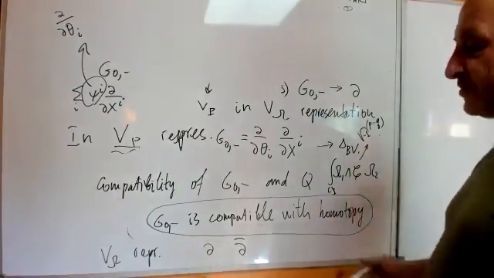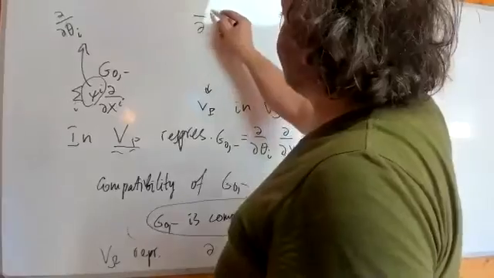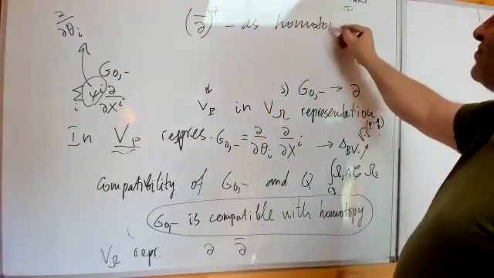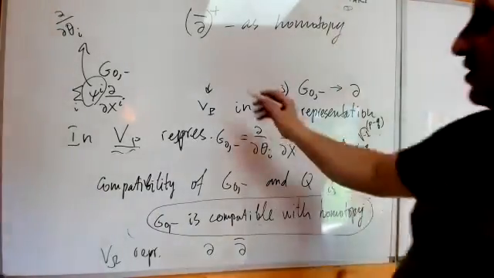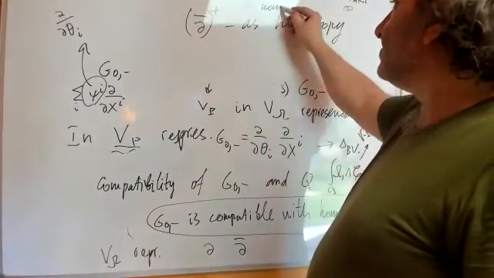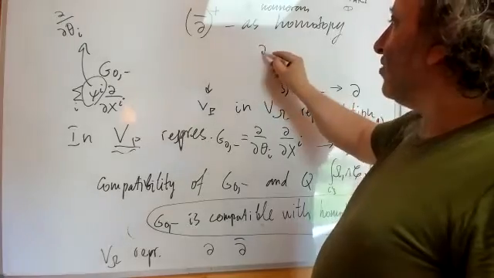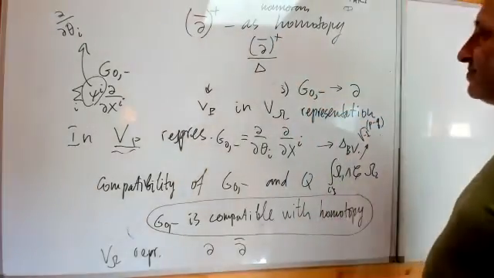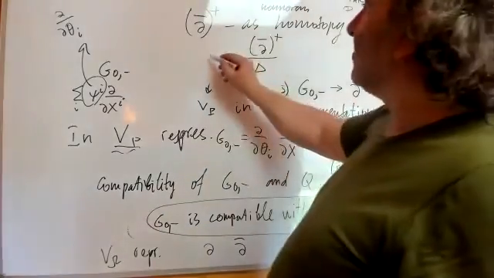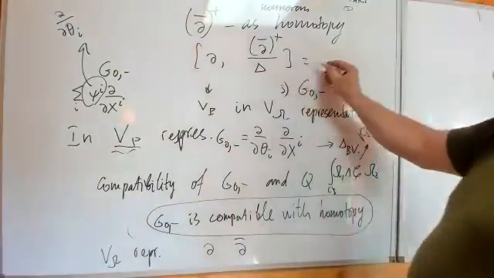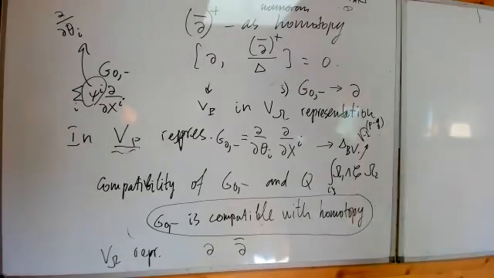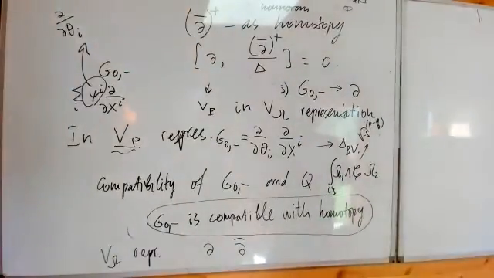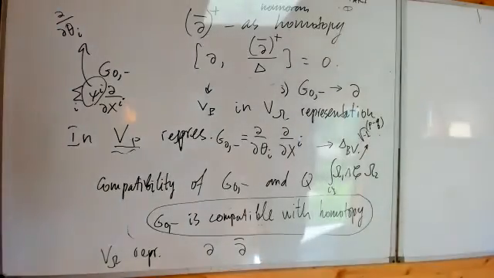So if we use this as homotopy, then we know the non-normalized and normalized homotopy is this. Then it's clear that the D commutes. And this is BCOV theory.